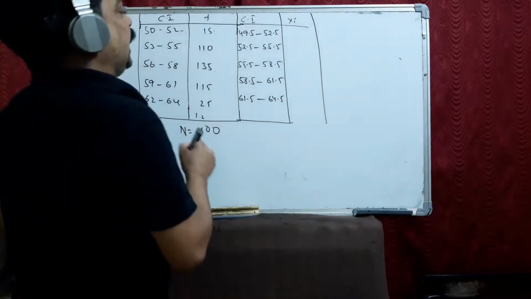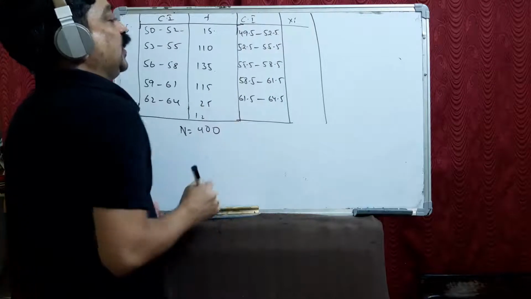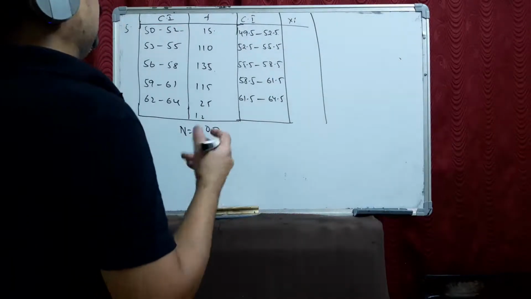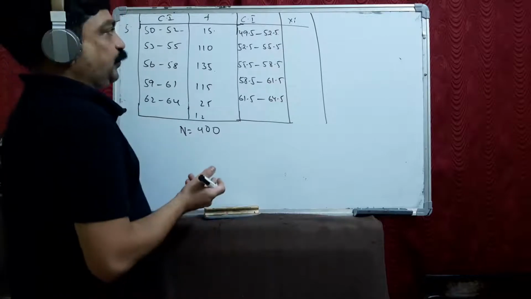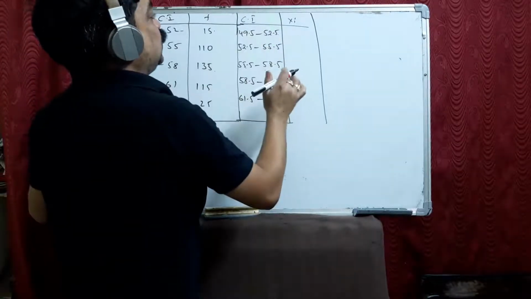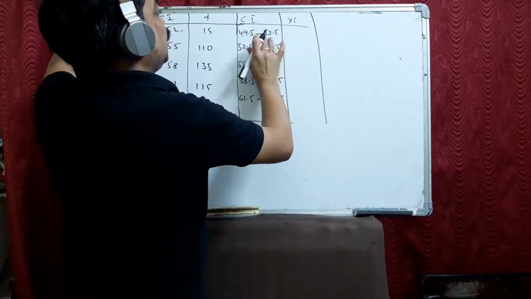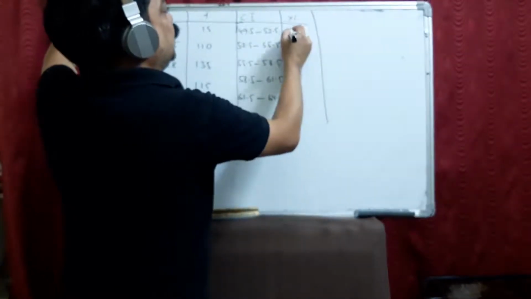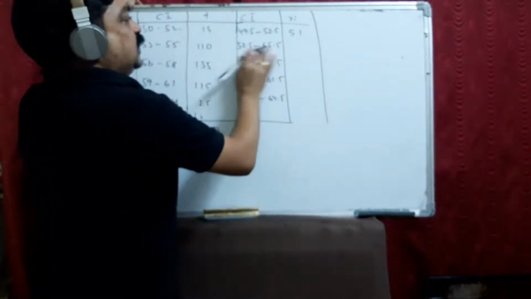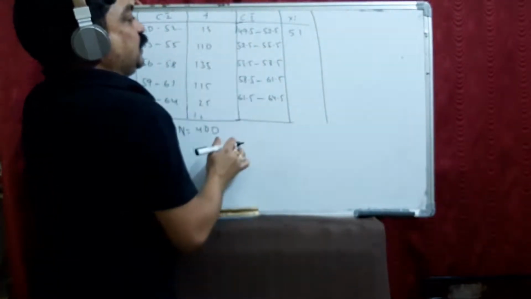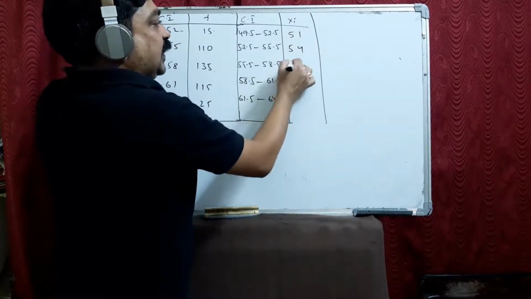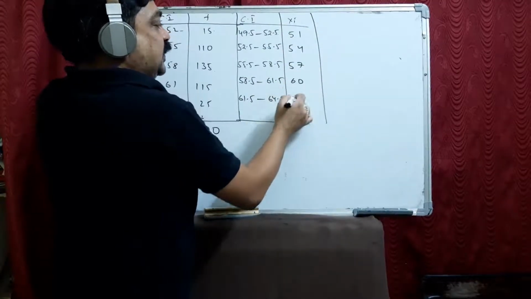Now xi is the lower limit plus the upper limit by 2. 49.5 plus 52.5, that is 102 by 2, which is 51. And 52.5 plus 55.5 is 108 by 2, which is 54. Add 3, 57, add 3, 60, add 3, 63.